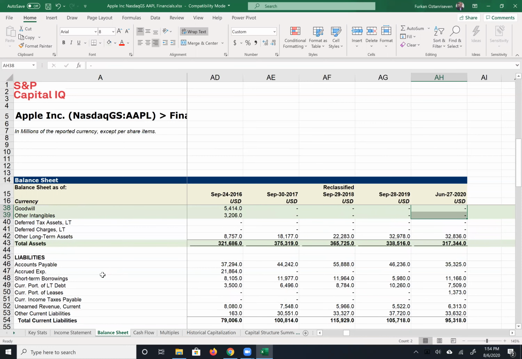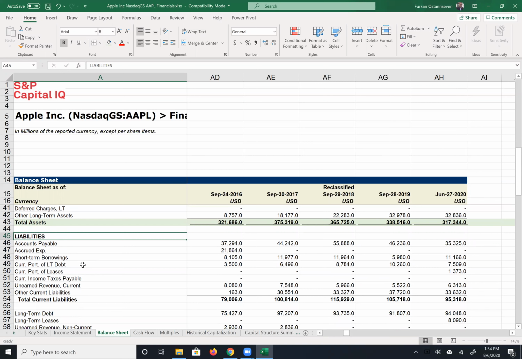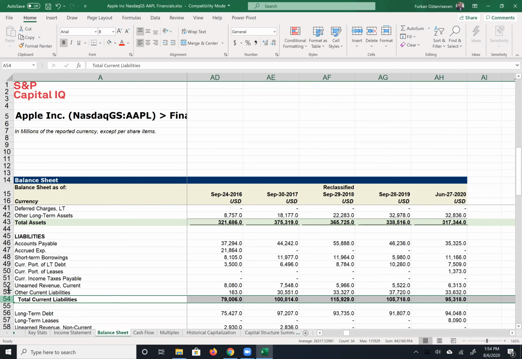Then on the other side of the balance sheet, I would like to talk about liabilities. Again, a recap: assets is equal to liabilities plus shareholders' equity. So when we look at liabilities here, you can see the current liabilities is $95.3 billion. So these are the liabilities that must be paid within 1 year.